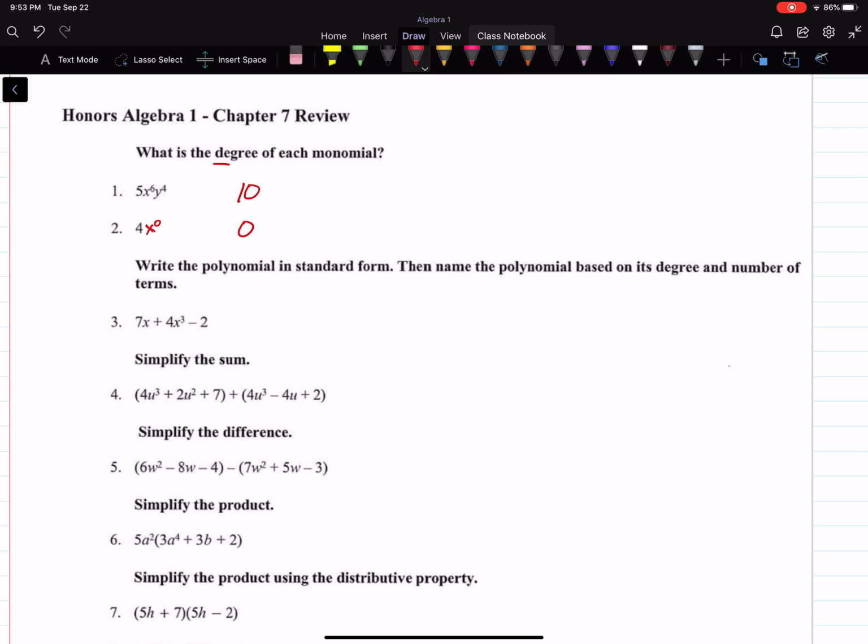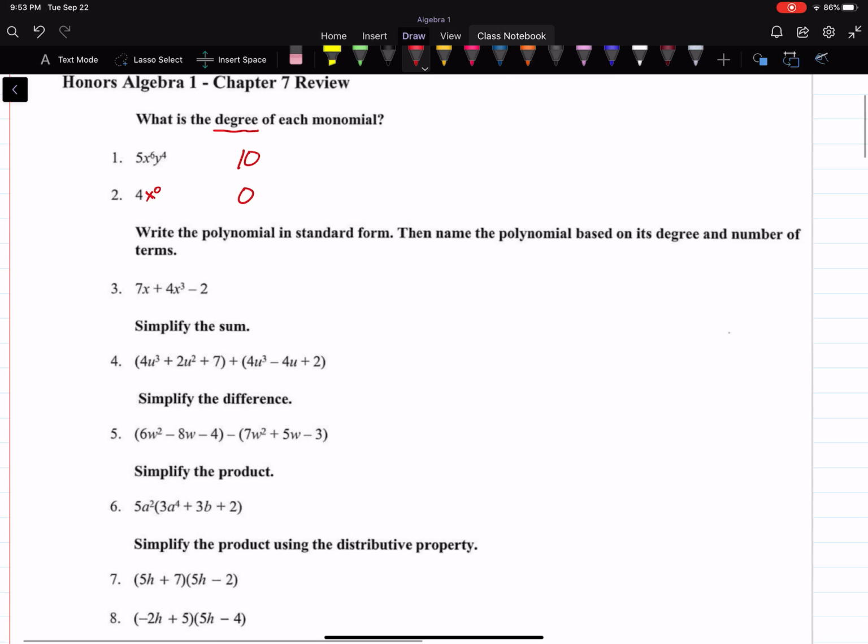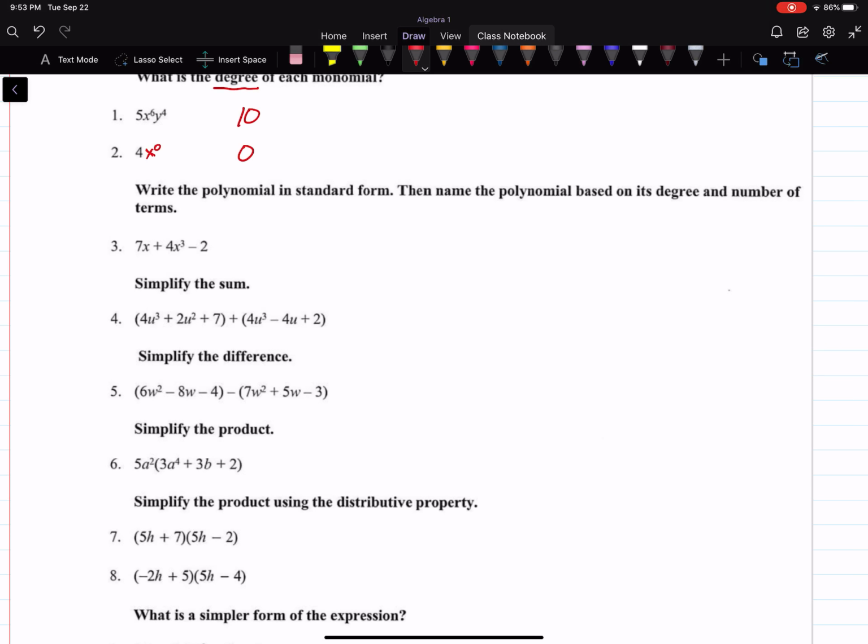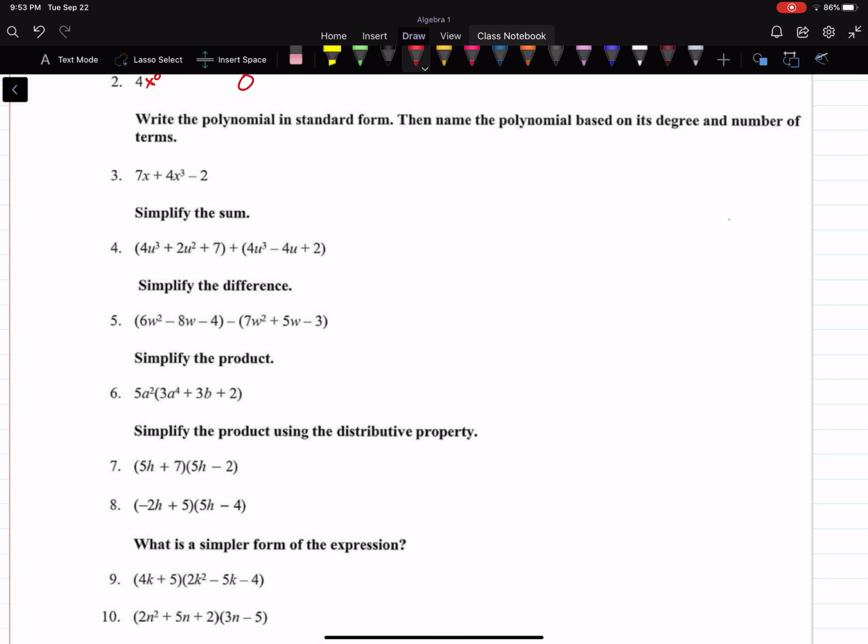To know the degree. All right, number 3 says write the polynomial in standard form, then name the polynomial based on its degree and number of terms. So first things first, we're going to write it in standard form. Standard form, you put it in the highest degree down to the lowest degree.